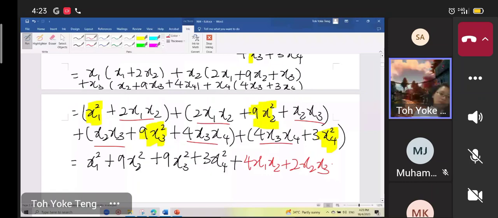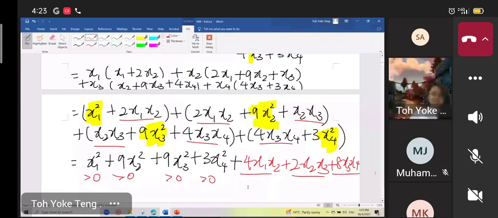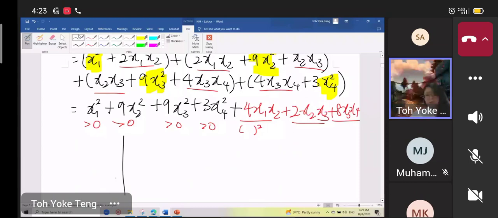Again, the same thing. Since from here you know that all this is greater than 0, you have to do the factorization in order to make it in square brackets. So you know that that is greater than 0. So now, again, the same thing. Different from the previous one, you have to do 3 factorizations here.